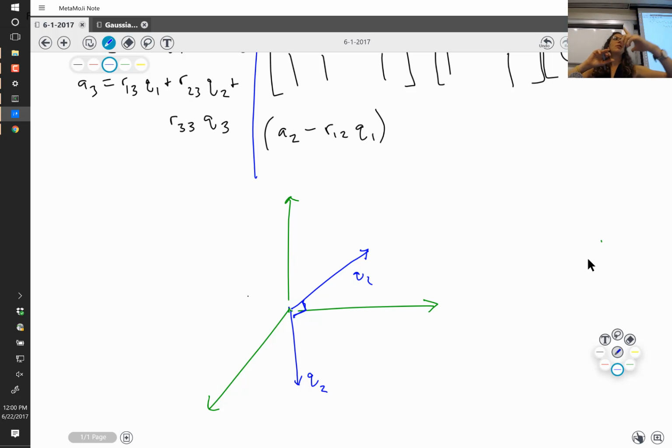Remember we're in 3 dimensions, so that can look different depending on what angle we're viewing this from. But we've got this Q1 and Q2, and we're interested in taking our vector A3, and we want to find a good Q3 for it. So what should we do first?